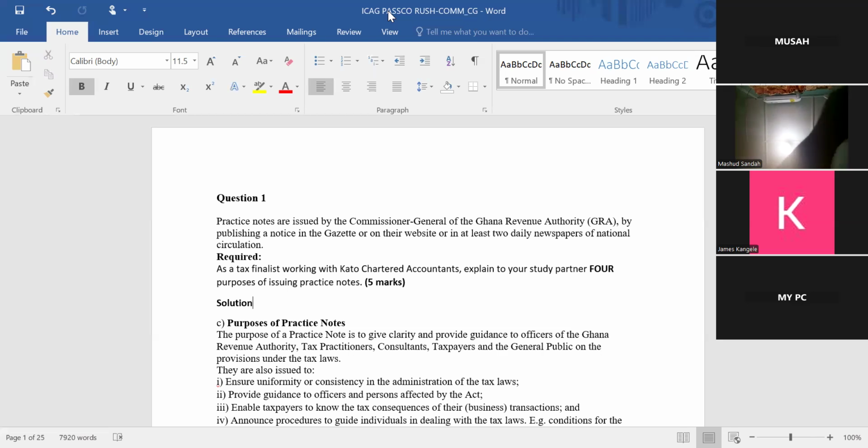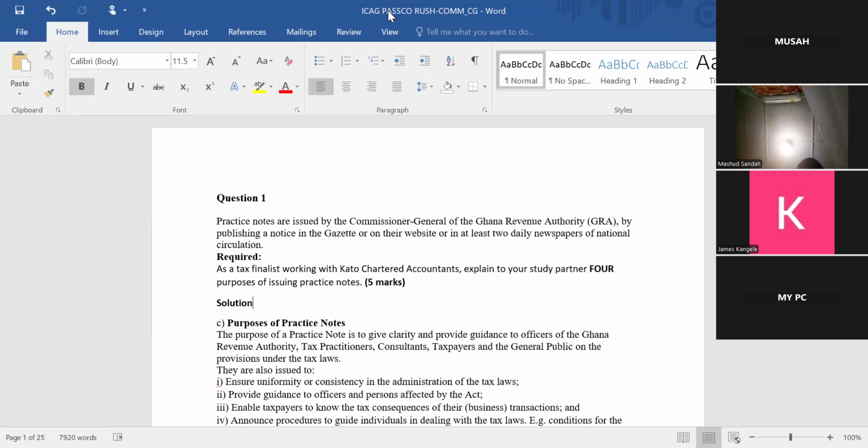the questions. So the GRA was not initially GRA, it was divided into three units. We were having the Internal Revenue Service unit, the Value Added Tax unit, and the preventive unit.